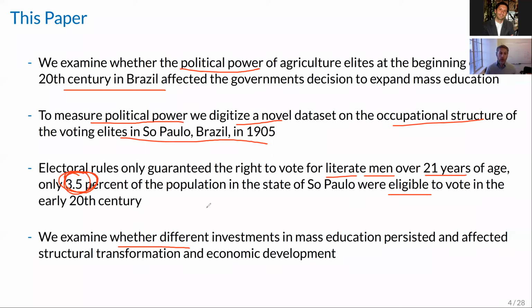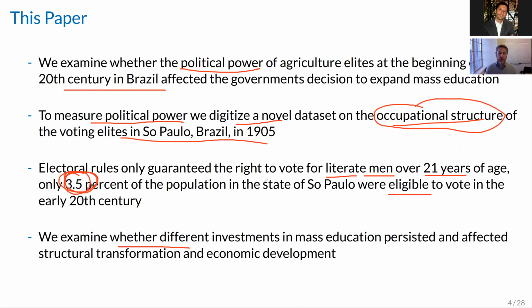So what we're going to do is measure at the municipal level, using this occupational structure of who voted, whether this is mostly what we call agrarian elite, that is voters related to agriculture, or say industrialist elites or religious elites, whatever it is. Our focus here is really going to be on the agrarian elites.